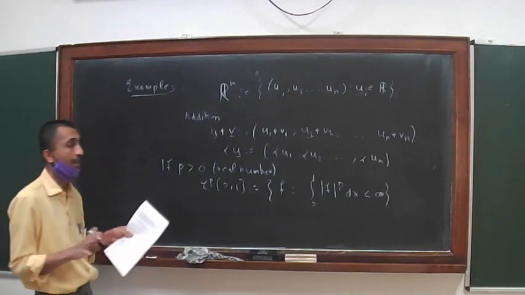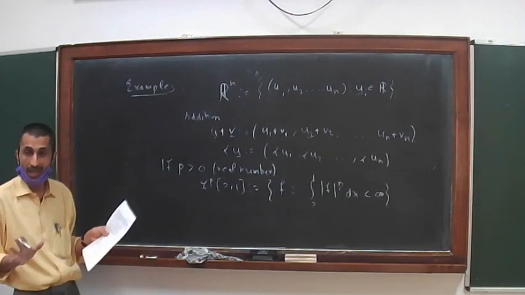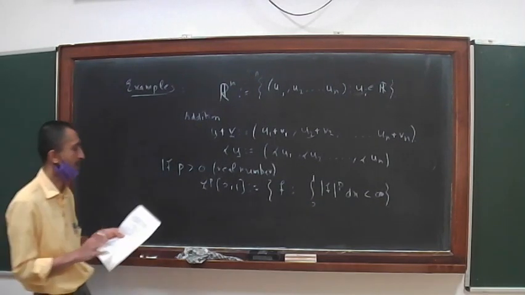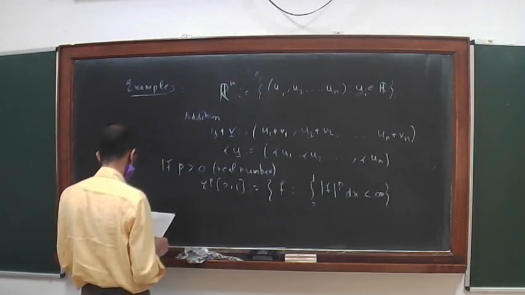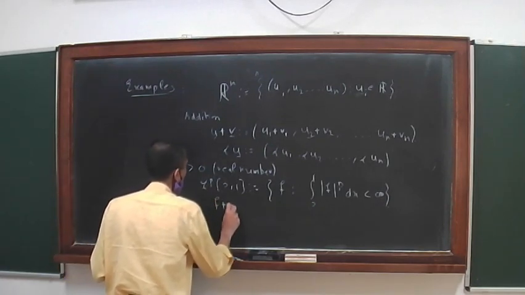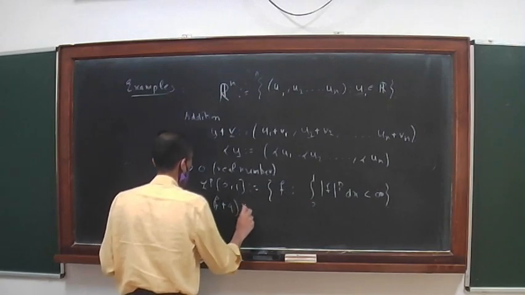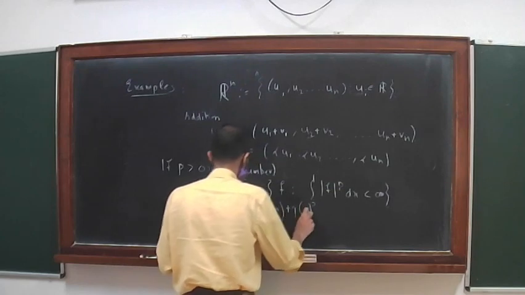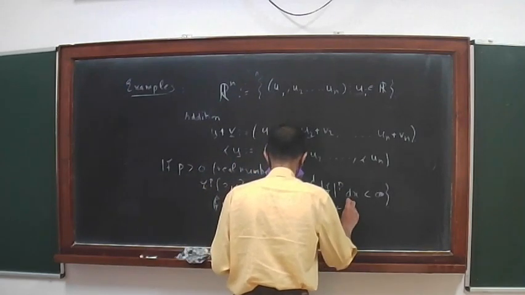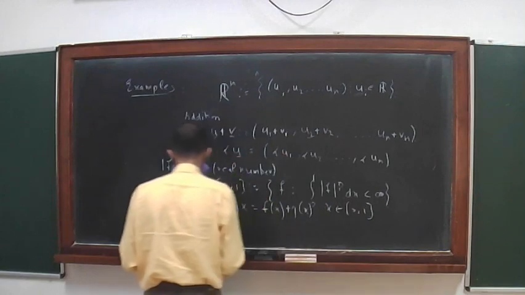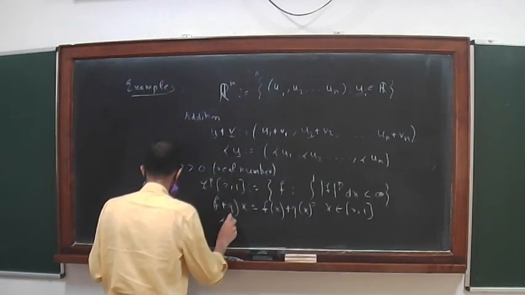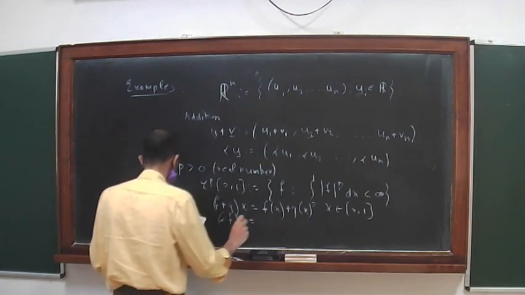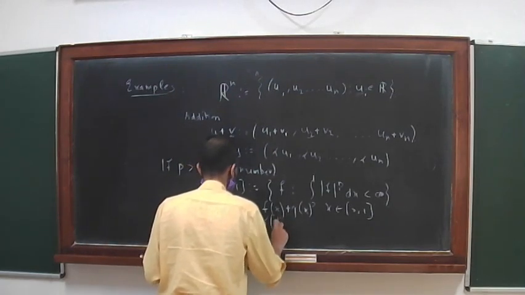As I said, the definition of a vector space is incomplete unless you define what is the addition function and what is the multiplication function. So let us now define what we mean by them. So f plus g, the addition function, is equal to f of x plus g of x for x belonging to 0, 1, and alpha f times x is equal to alpha times f of x.